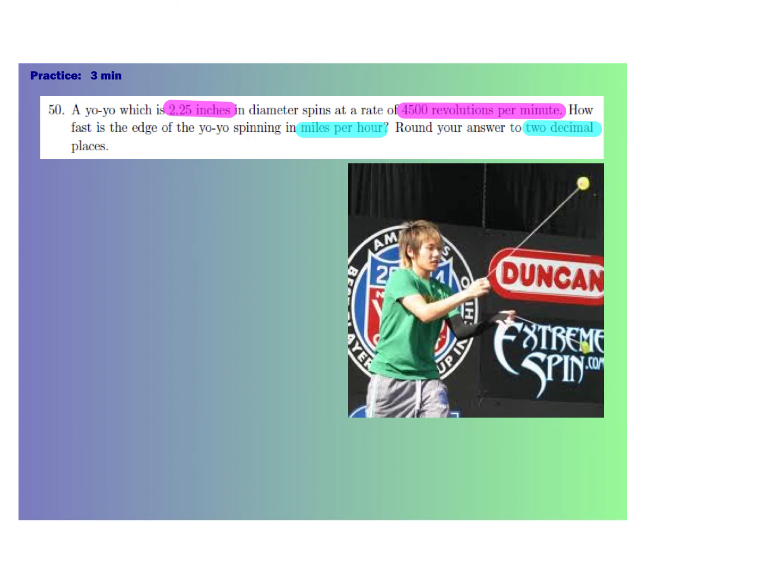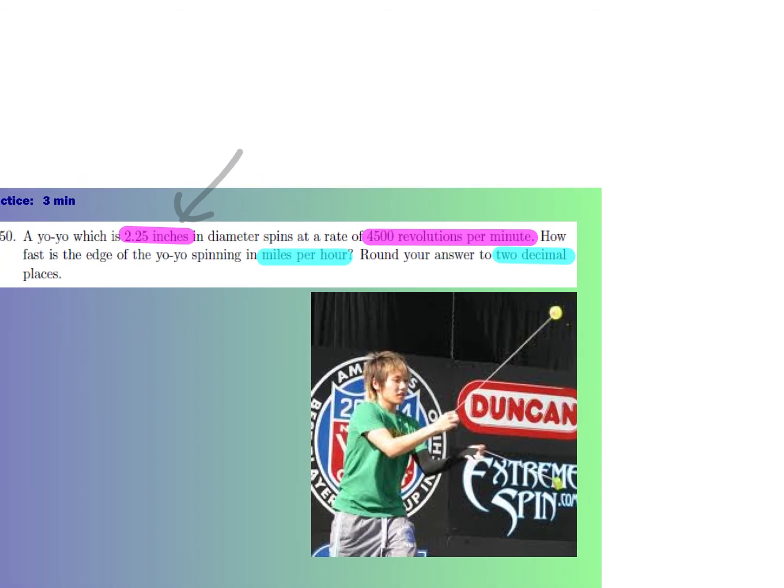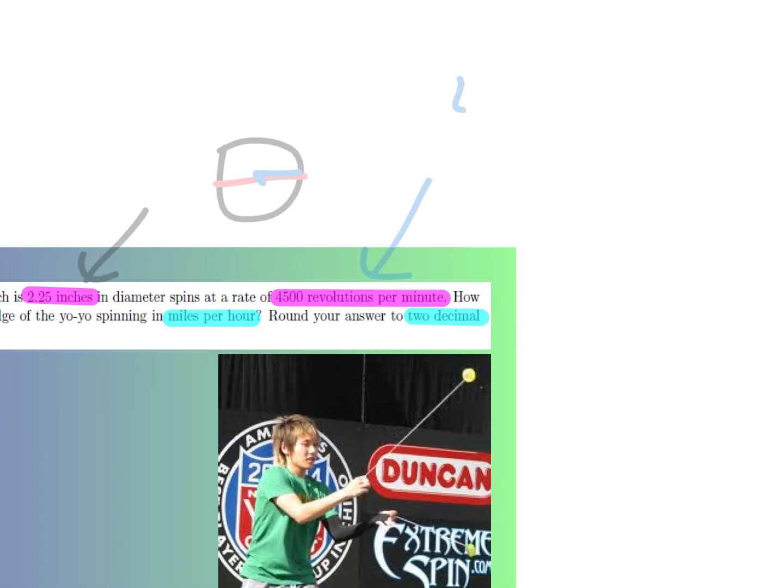Okay. Here's an example of a word problem about that. And they tell you the diameter of the yo-yo. I'd be drawing the yo-yo and saying, okay, it's 2.25 across here. That means I use the radius, of course, which is more important. Cut your diameter in half, use that. And it says revolutions per minute. That's the same thing as rotations per minute, RPMs. And you'd start with that, and I go 4,500 rotations per 1 minute.